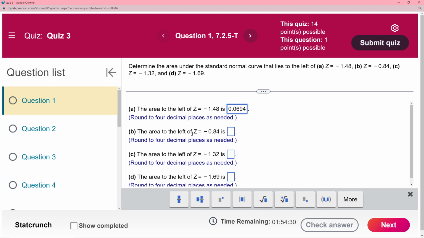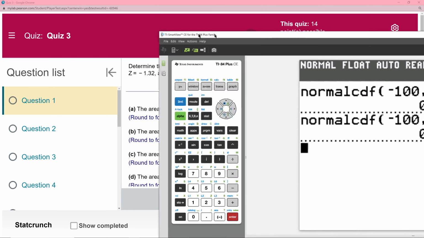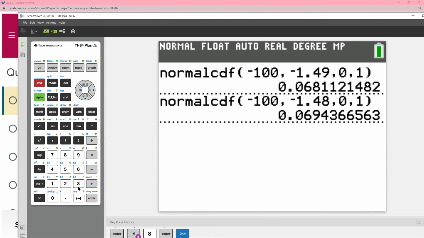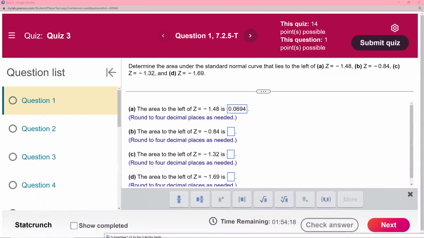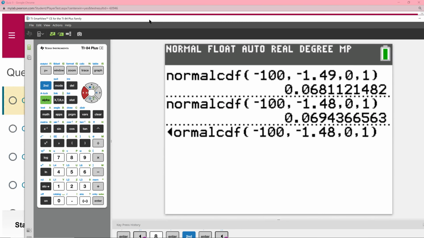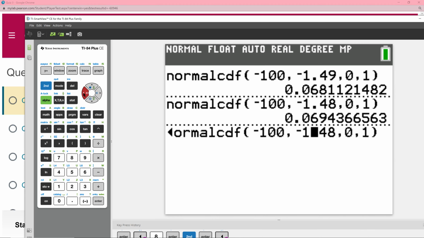What about the area to the left of that? So we could just do a second entry. Change negative 1.48 to 84.